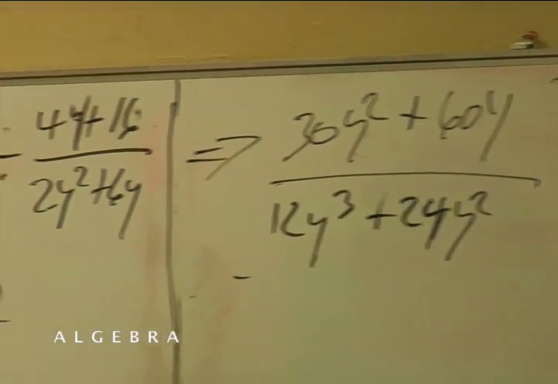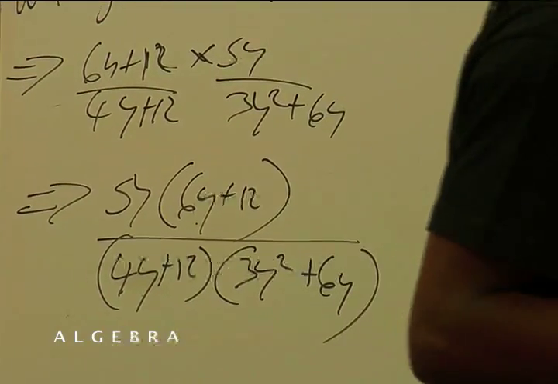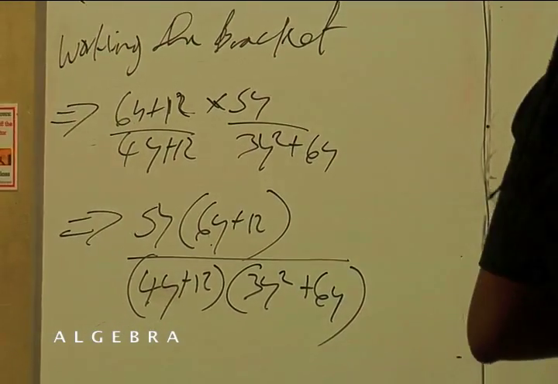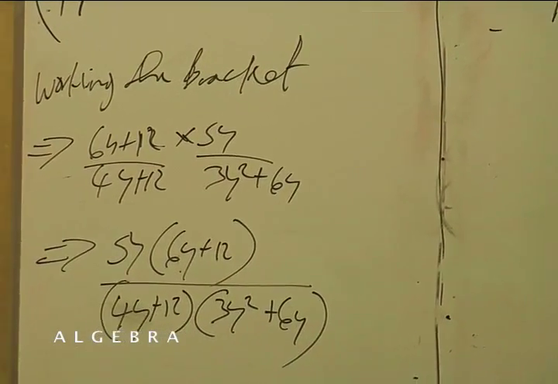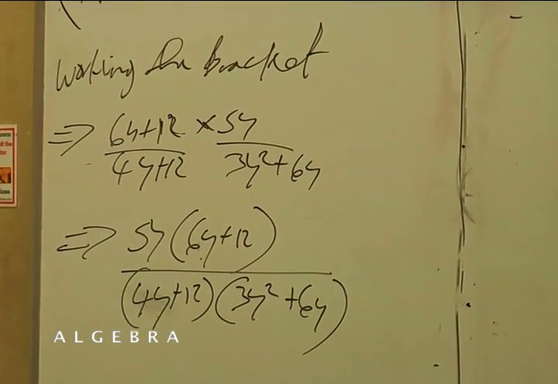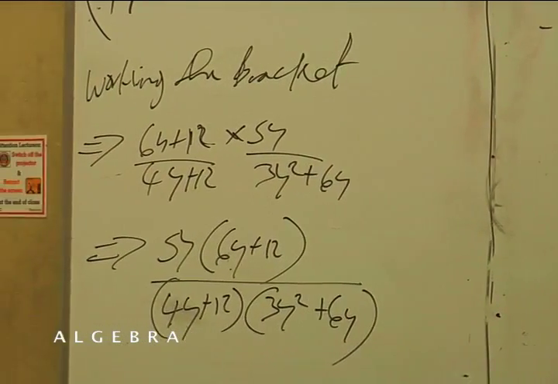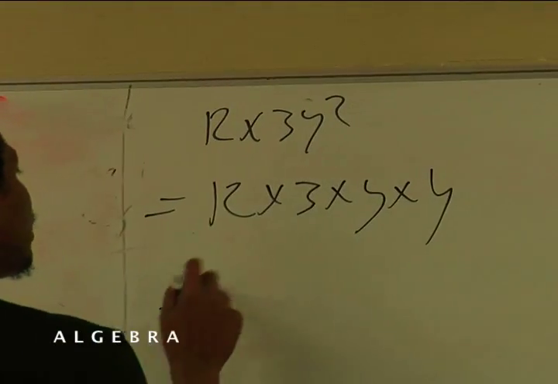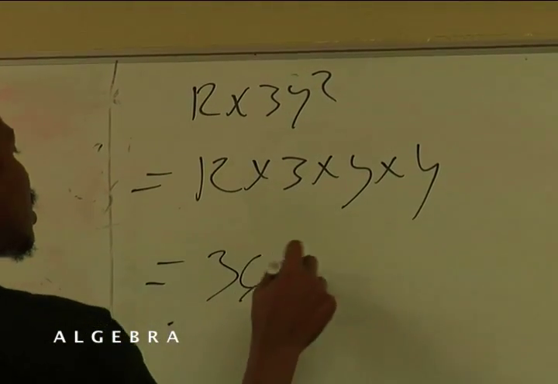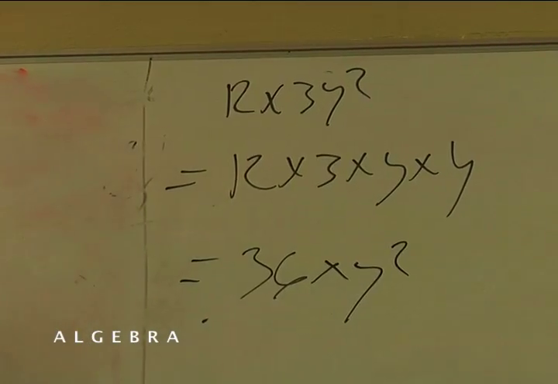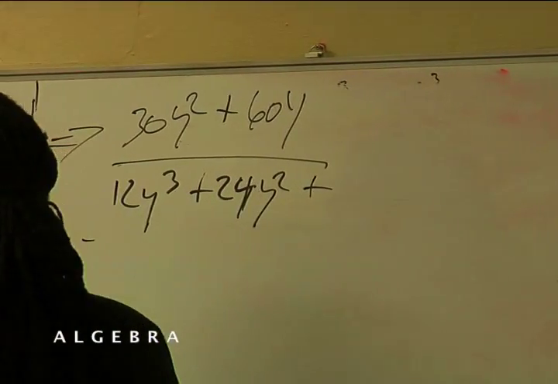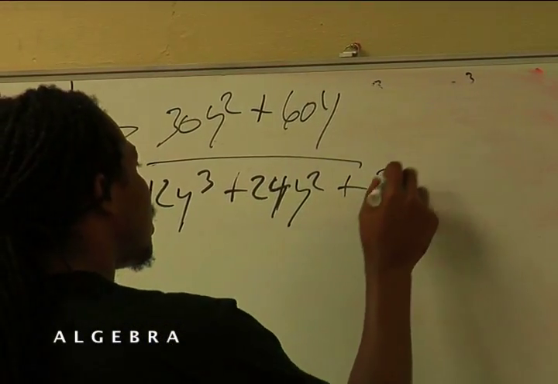Then now 12 times 3y square equals 12 times 3 times y square, 12 times 3 is 36, so 36y square. Positive because all the numbers are positive.